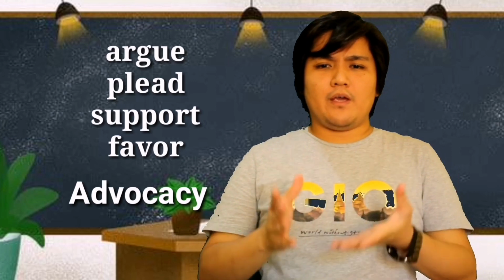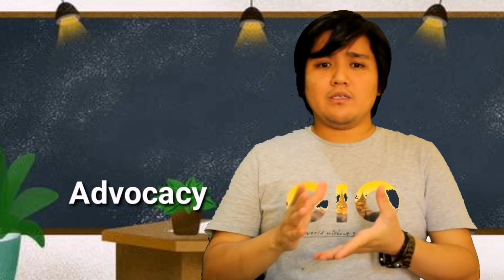An advocacy, meanwhile, refers to activities that argue, plead, support, or favor a certain cause. Various causes for advocacy usually aim to influence decision-making, especially with issues involving social, political, environmental, and economic perspectives.